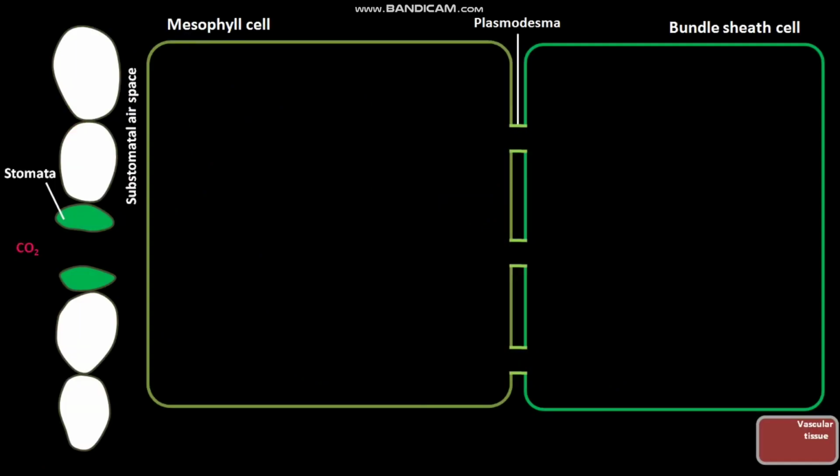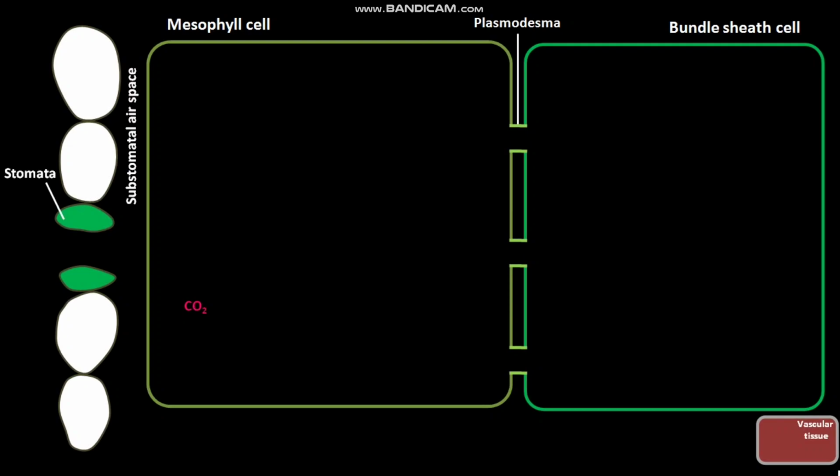During C4 pathway, first of all, environmental CO2 molecule passes through stomata and reaches the substomatal air space. From substomatal air space, CO2 molecule passes into the cytosol of mesophyll cell.